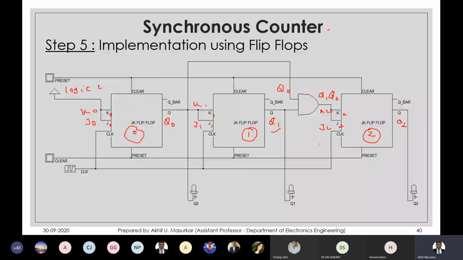Okay, Gaurav. Okay, step 5 is done. Now you take down this state diagram, step 6.